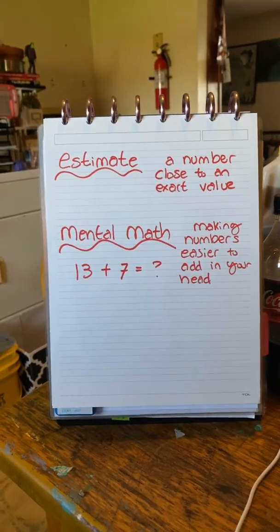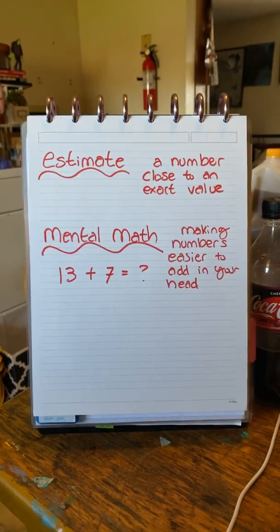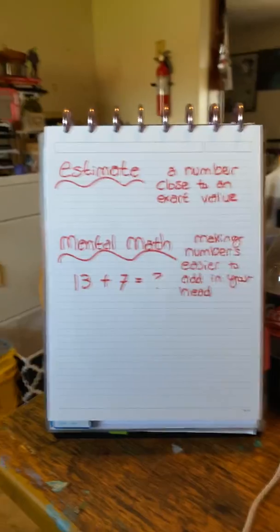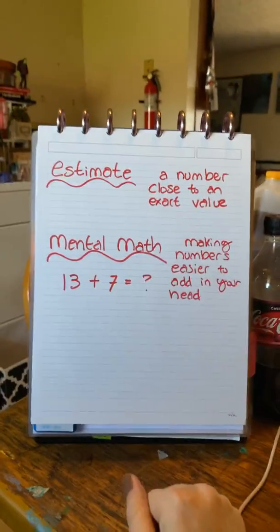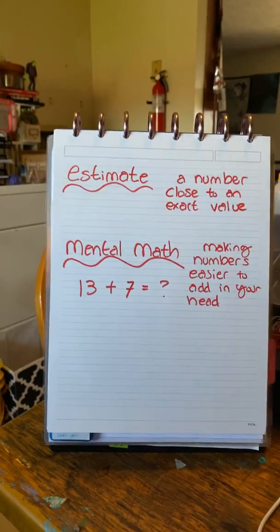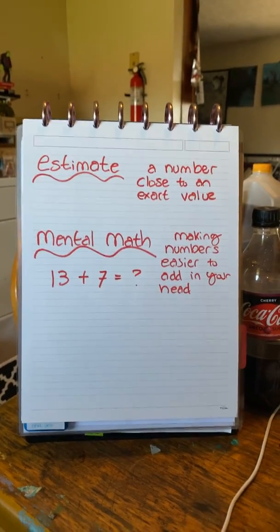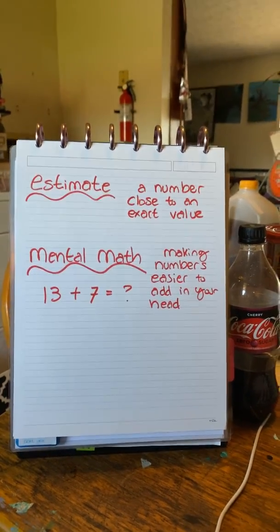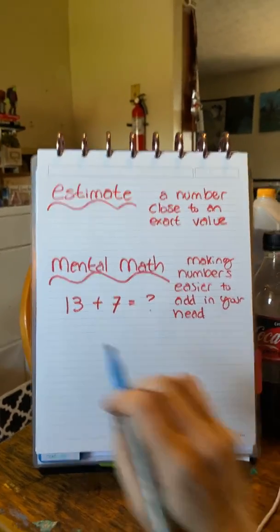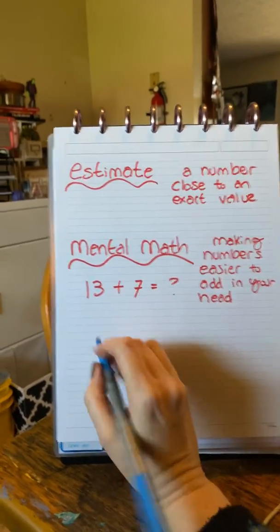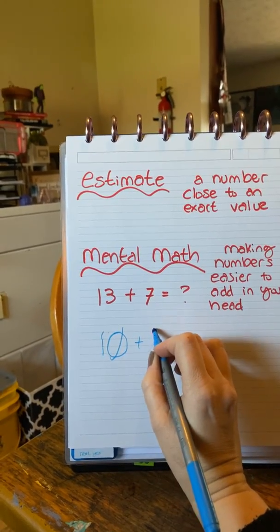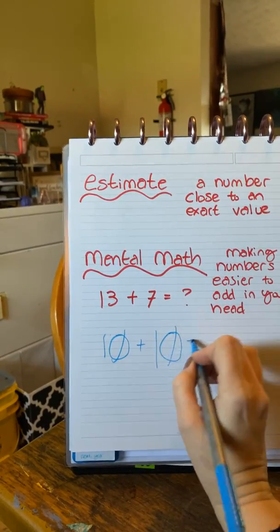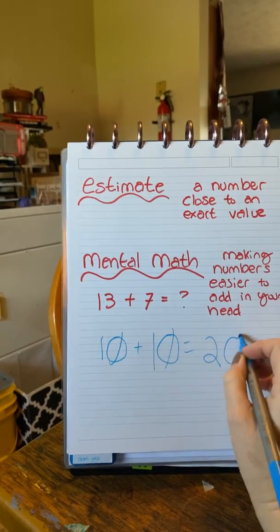Our last term, mental math. Making numbers easier to add in your head. So 13 plus 7. Well, that's going to take me a little bit of thought. But in my head, the first thing I remember is that 3 plus 7 equals 10. So I'm actually just adding 10 plus 10, and that equals 20.